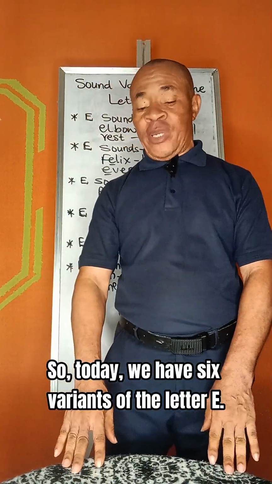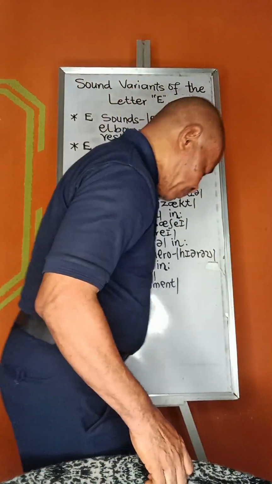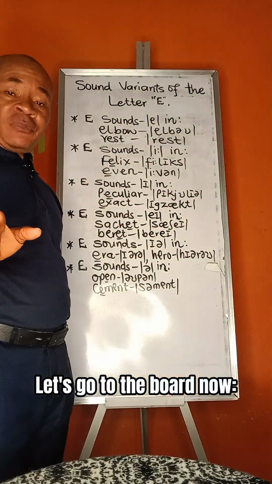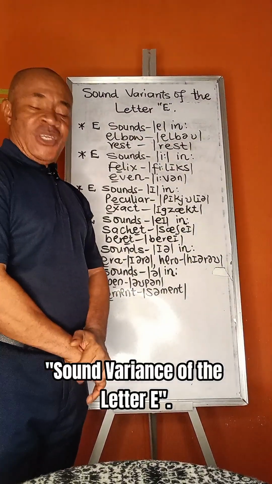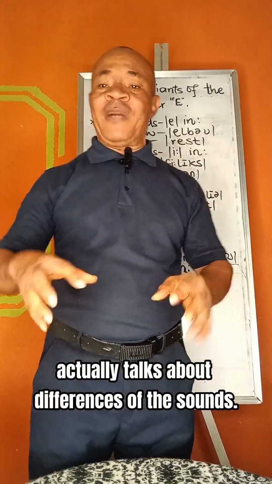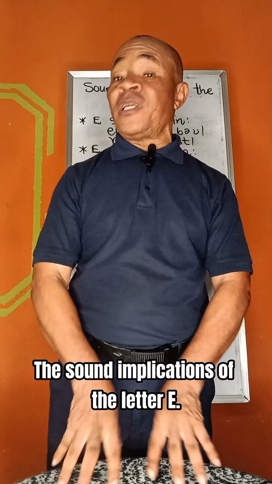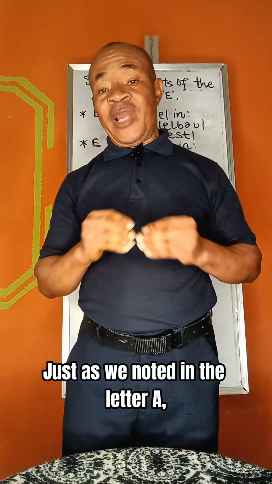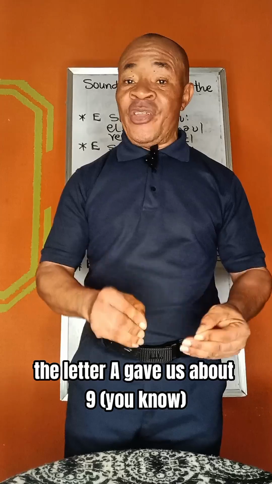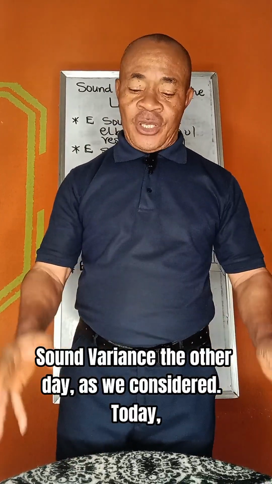So today we have sound variants of the letter E. Let's go to the board now. Variants actually talk about differences in the sounds, the sound implications of the letter E, just as we noted with the letter A. The letter A gave us about nine sound variants the other day.